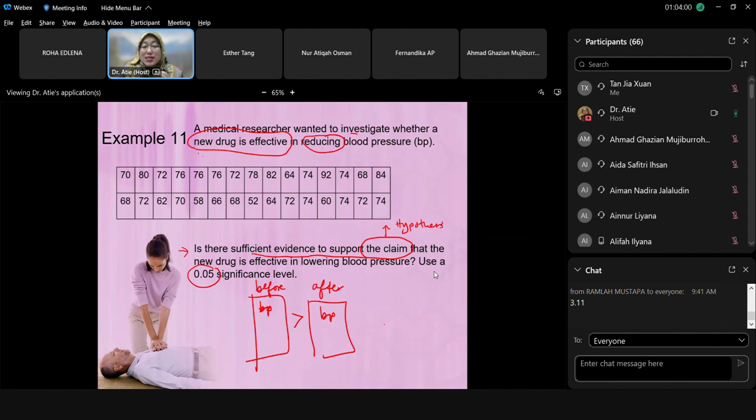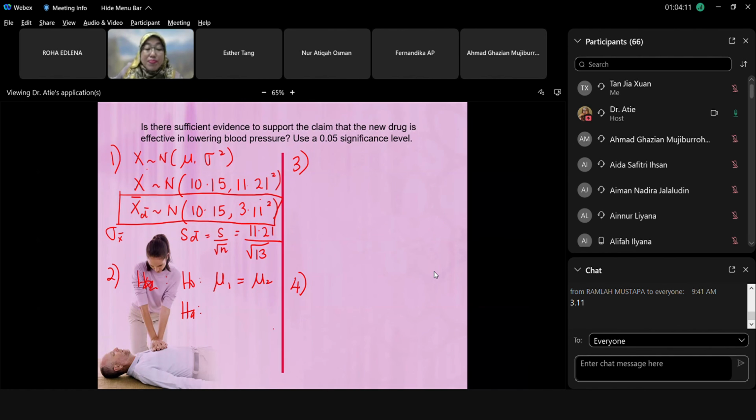So in order to decide what symbol we need in our HA, we need to think logically, right? In this case, we have BP before should be higher than BP after, right? Or you can write it this way, okay? Let me put it this way. I can say H naught: mean before equal to mean after.